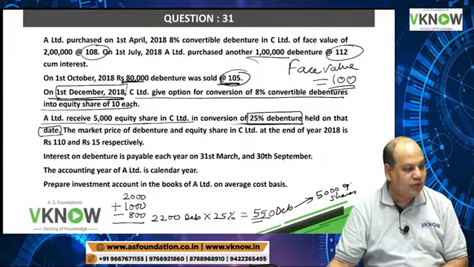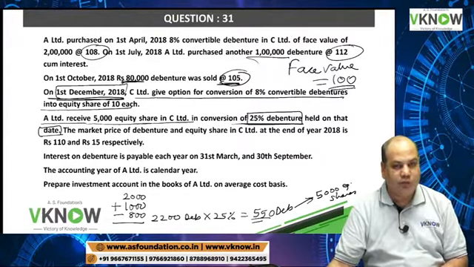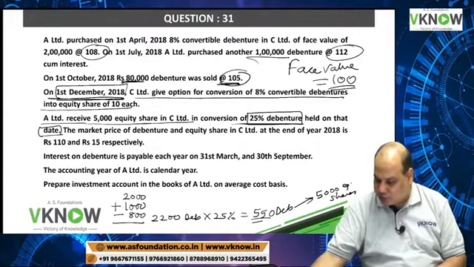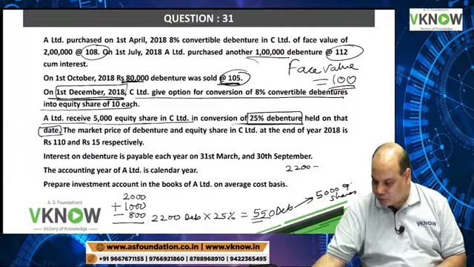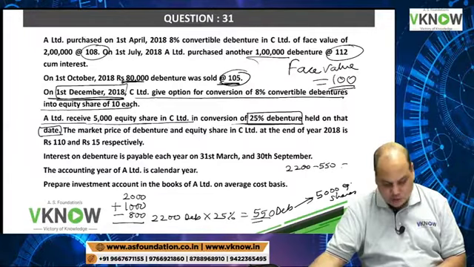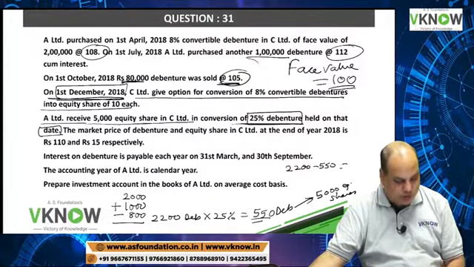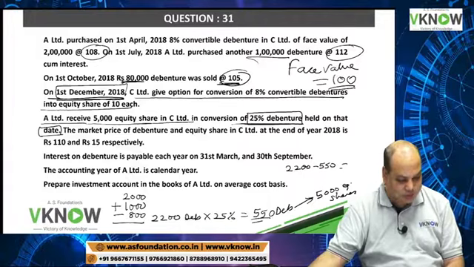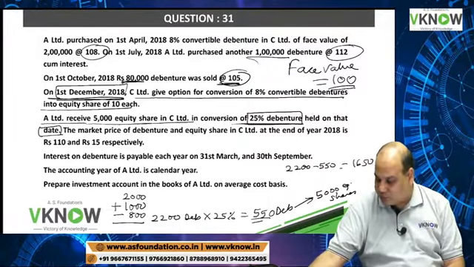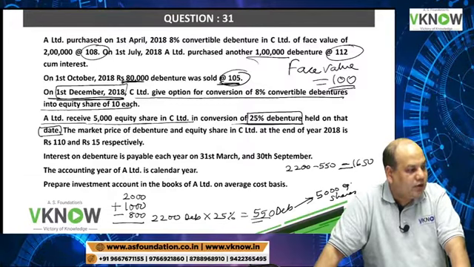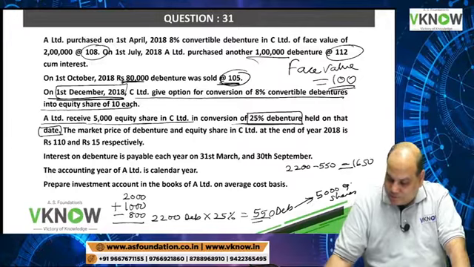And how many debentures will be left with this investor? 2200 minus 550 is 1650. 1650 will be left with this investor.